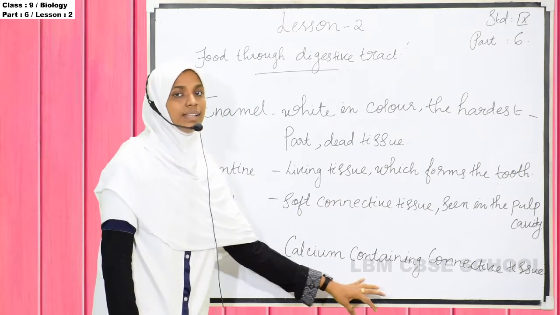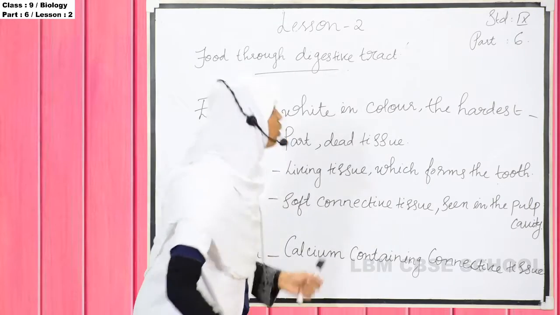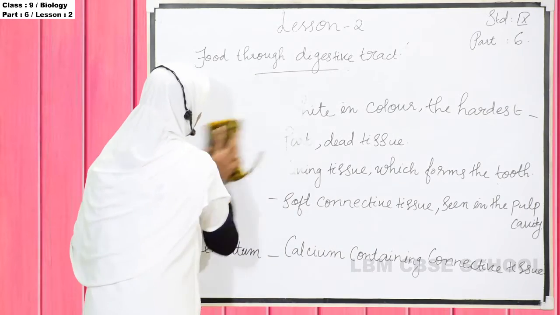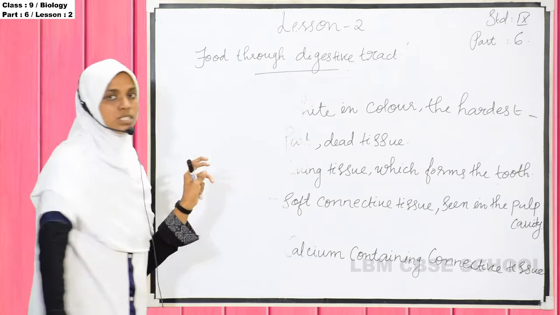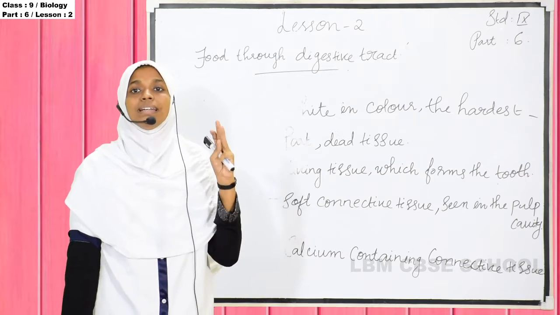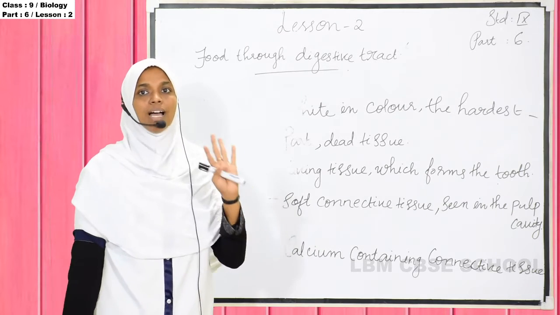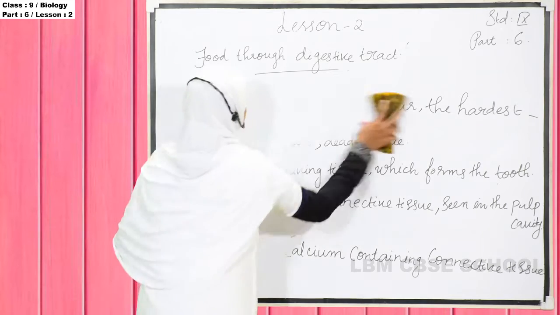So in this section we discussed the different parts of the teeth: enamel, dentine, pulp and cementum. These are the four parts of the teeth.